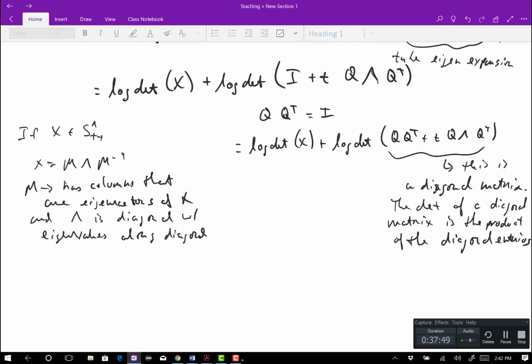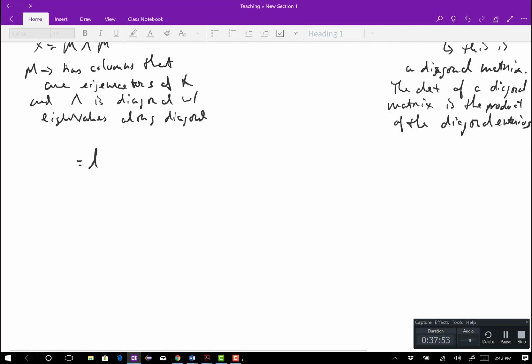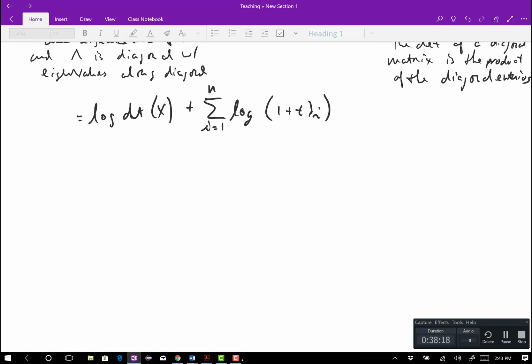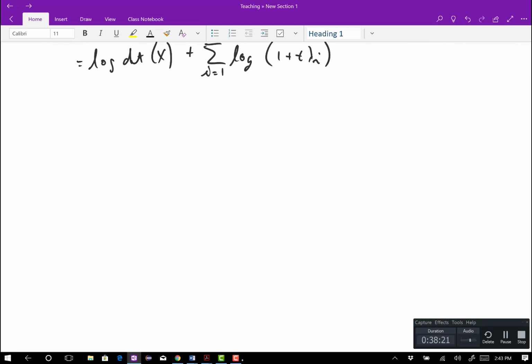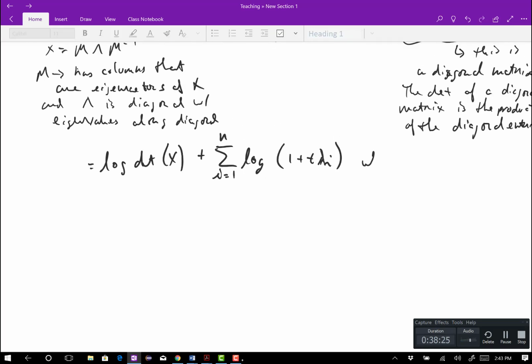So now I can rewrite this as log det X plus the sum of i going from 1 to n of the log of 1 plus t lambda i, where the lambda i's are the eigenvalues of X to the minus 1/2 V X to the minus 1/2.